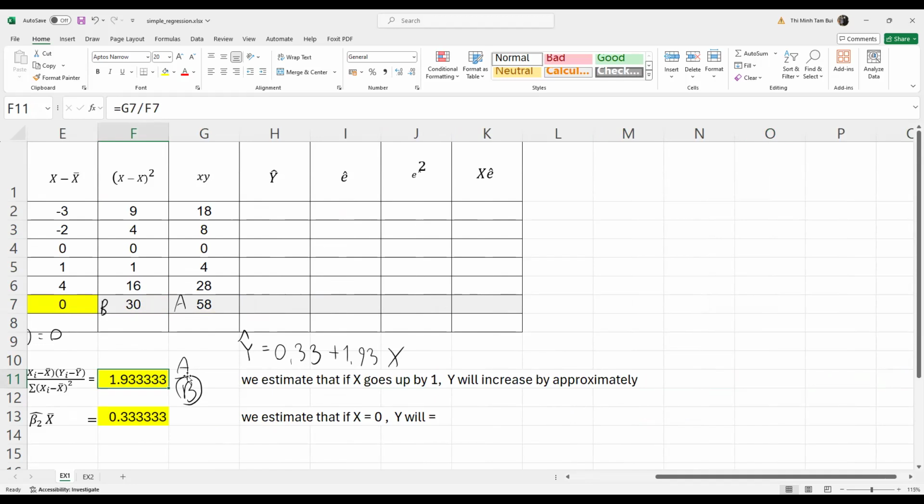We estimate that if X goes up by 1 unit, Y will increase by approximately 1.93. This is the meaning of slope.